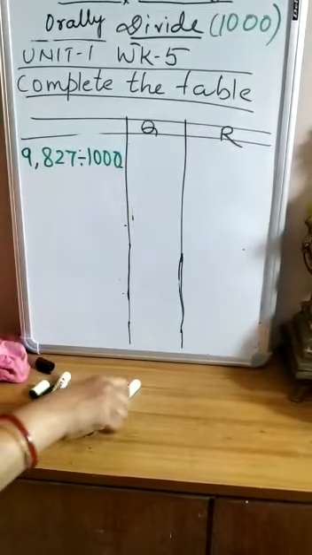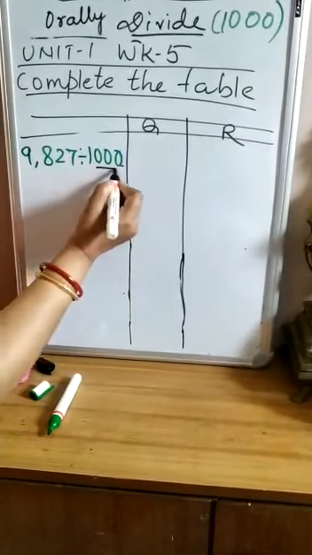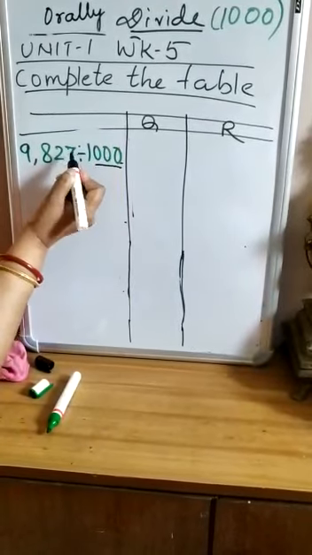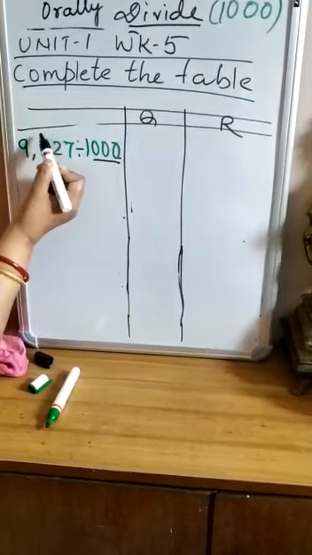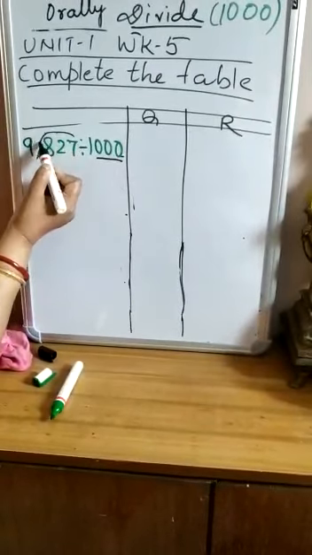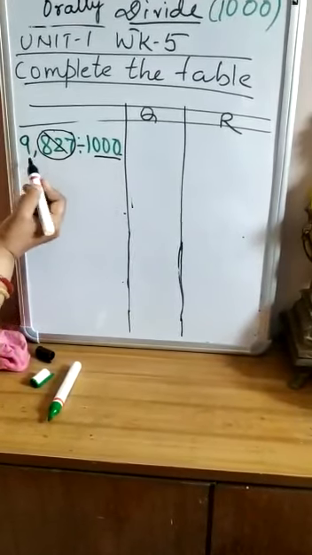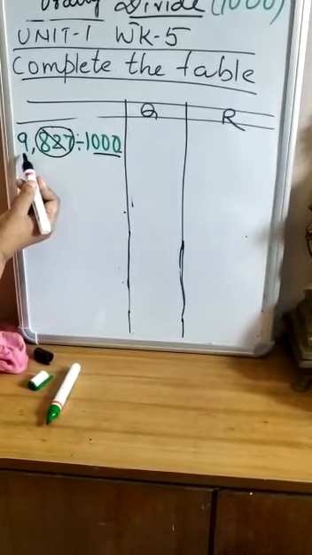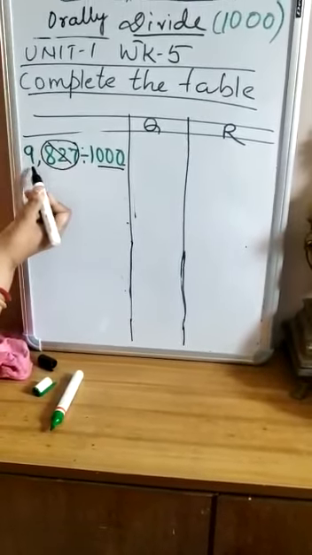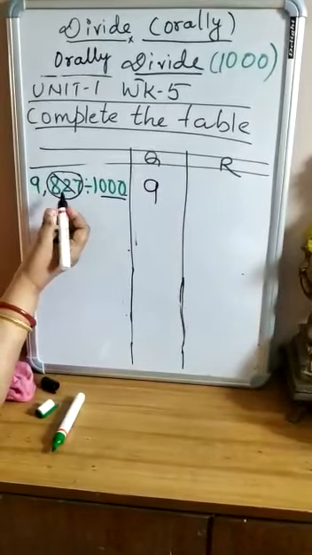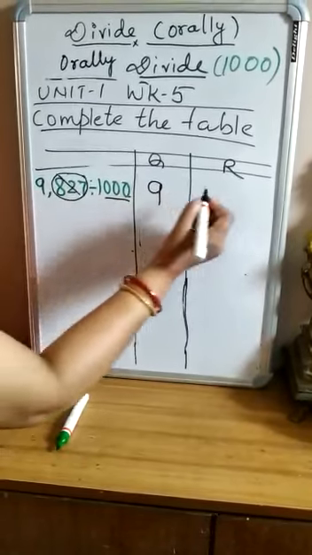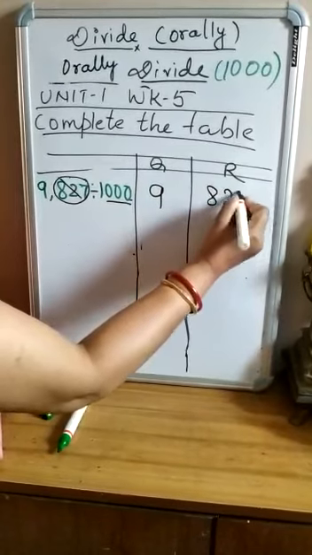So here children, how many zeros are there in 1,000? 3 zeros. So I am going to remove 3 digits, counting from the right side of the number, 1, 2, 3. So I am going to remove it. How many digits are left? 1, that is 9. This remaining digit is the quotient, and the removed digits, that is 827, are the remainder.